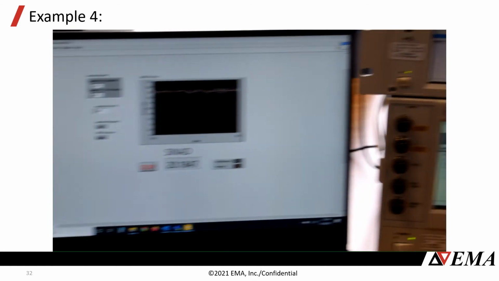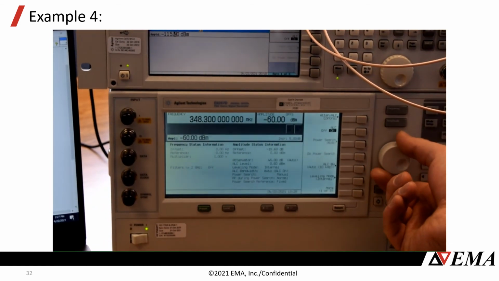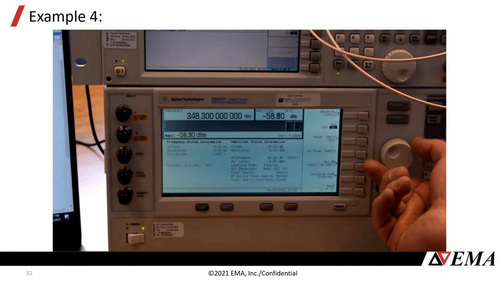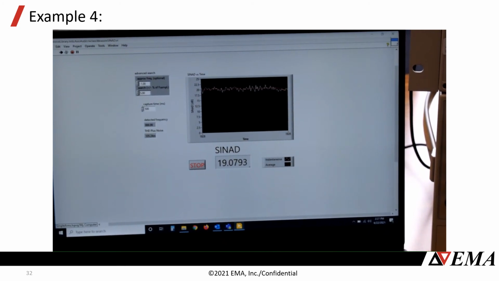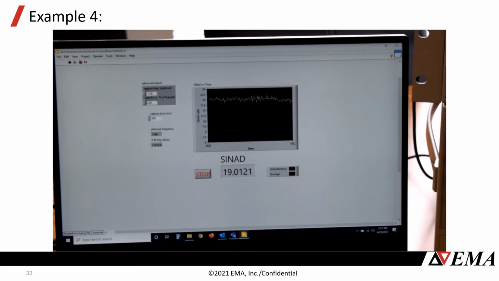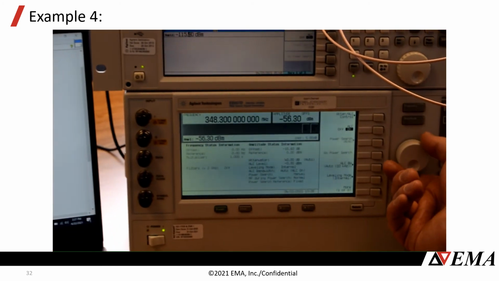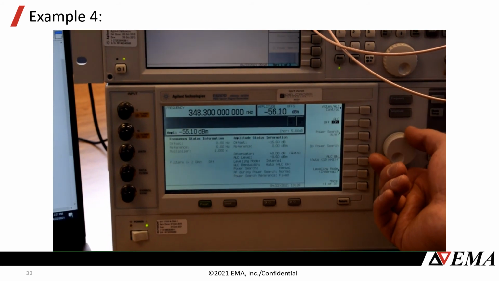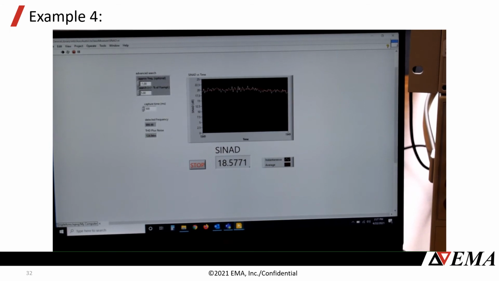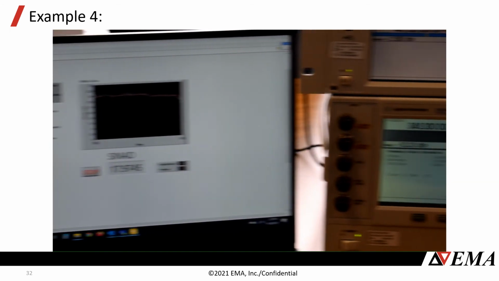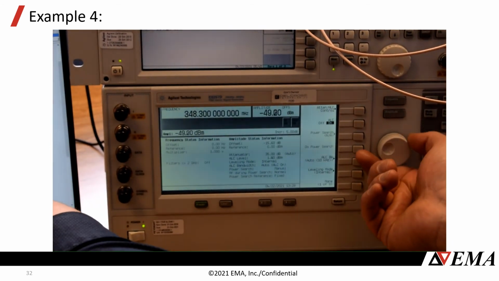As soon as I turn this on and start increasing the power, you start to notice that the SINAD degrades. The metric that we used when we did this measurement was a baseline of 20 dB, and we dropped it down to about 12 dB to figure out our interferer. So as we keep increasing the power, you notice that the SINAD keeps going down.